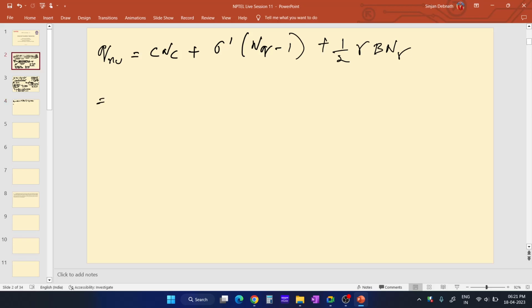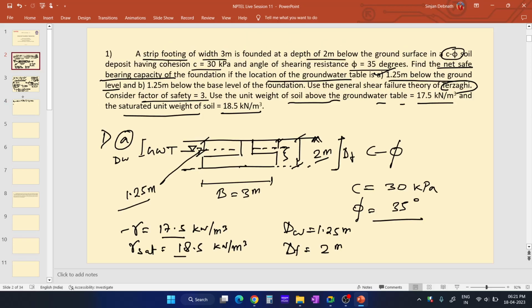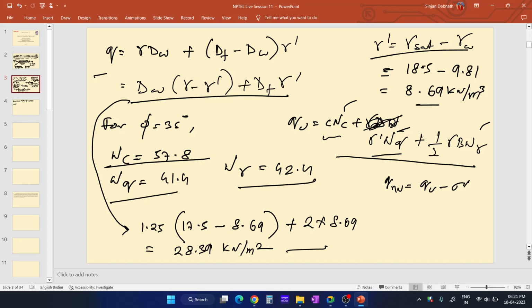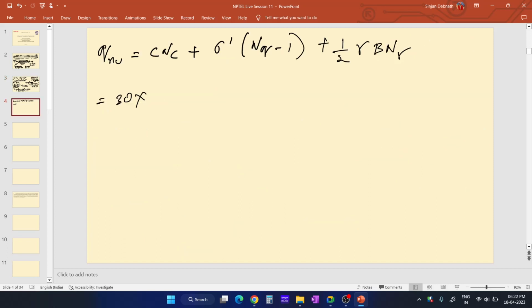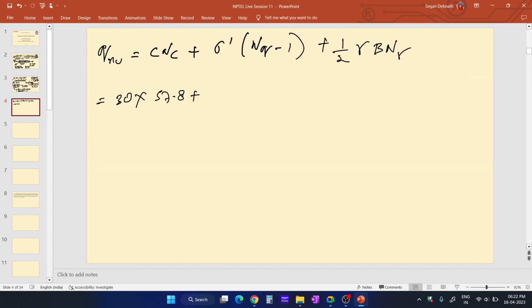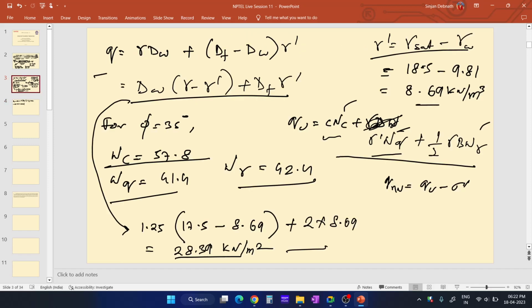What is the value of c? c is mentioned in the question, it is 30 kPa. So 30 into Nc, and Nc is around 57.8. Plus sigma dash, that is the overburden pressure, which we have already determined, 28.39. Nq we have already determined from the chart, it is 41.4.